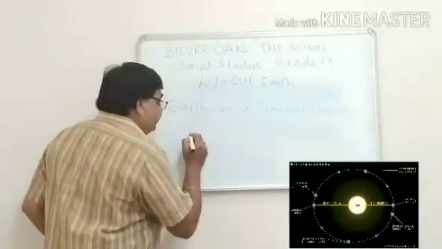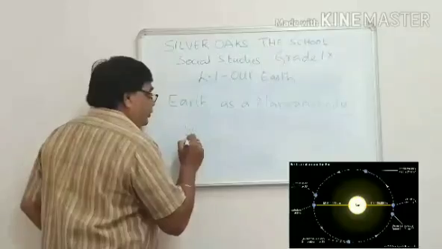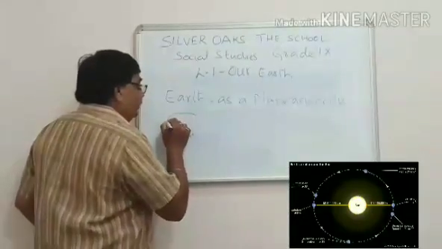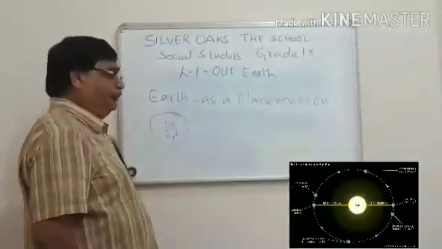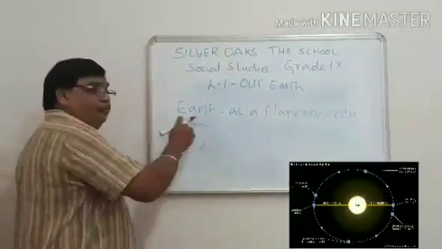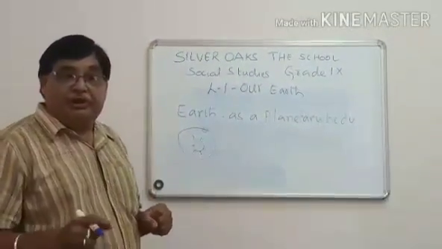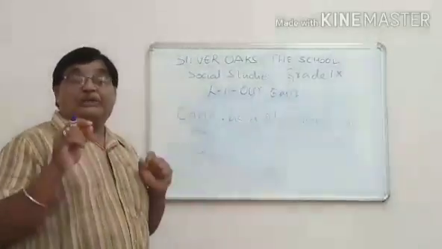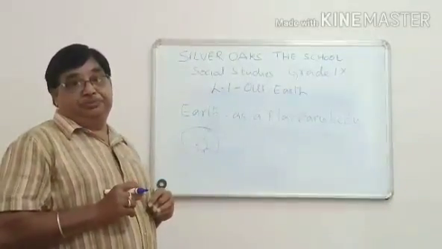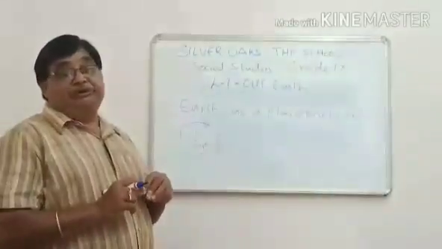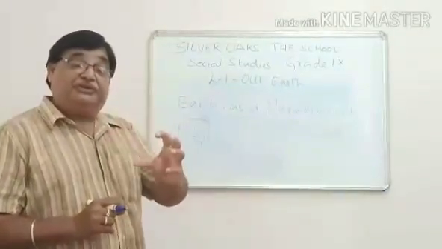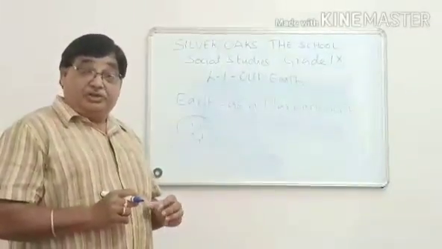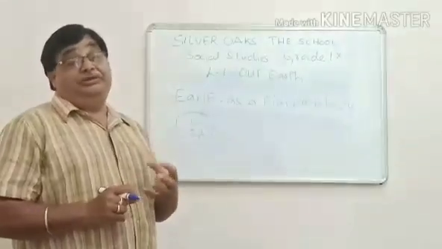Suppose this is the Sun and Earth is revolving around it in this way. The path in which Earth is revolving around the Sun is known as the orbit. What is the shape of the orbit? It is not a perfect circle. It is also not oval in shape.